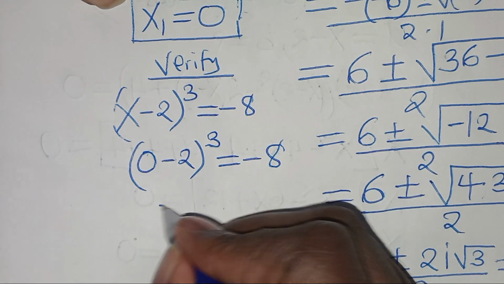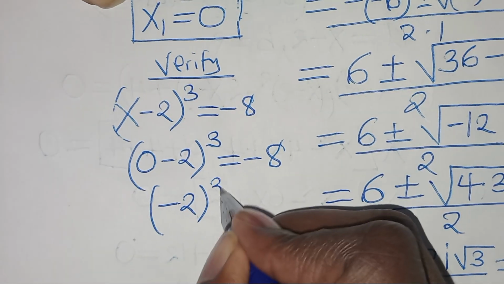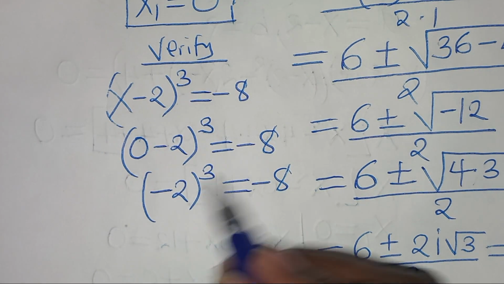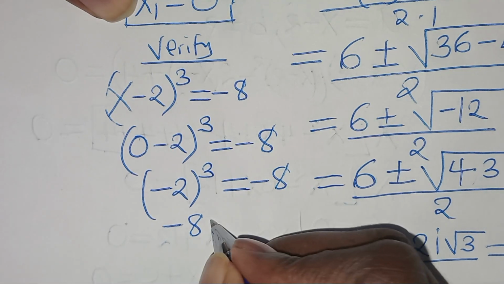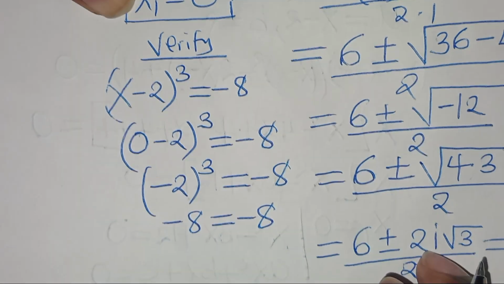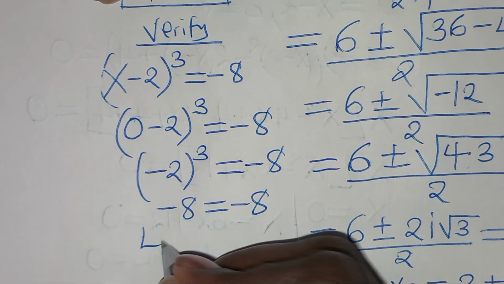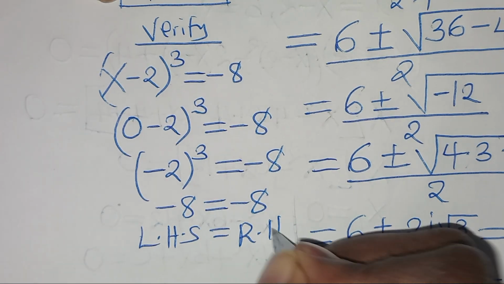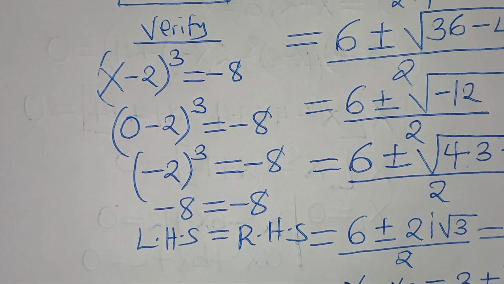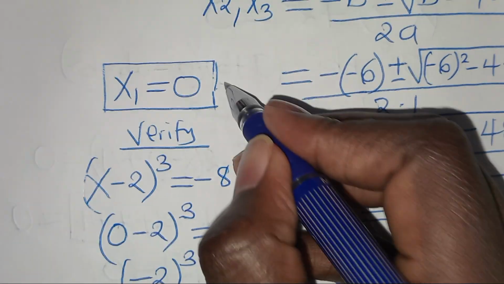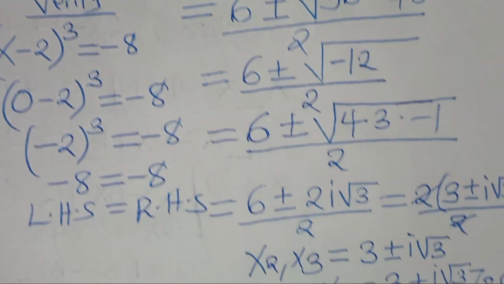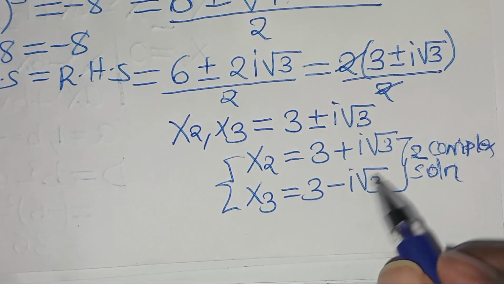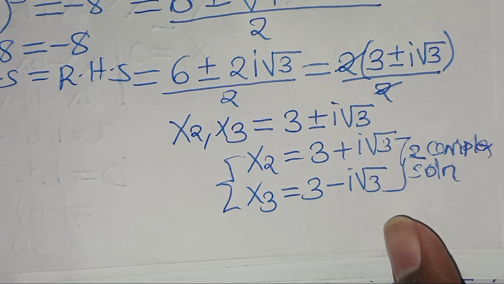So here we have (-2)^3, this is equal to -8, which is equal to -8. So this implies that the left hand side is equal to the right hand side, and this implies that x1, which is 0, satisfies the equation, as well as we have the complex solutions from here, x2 and x3. These are the complex solutions.